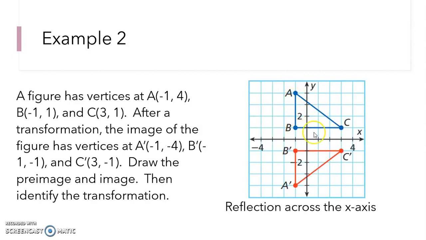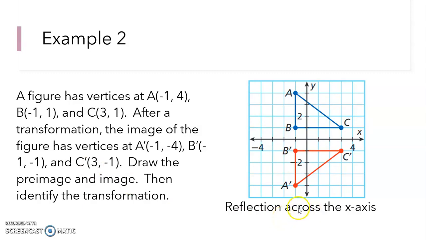So my blue shape is the pre-image, the original shape, represented by these points up here. My red shape is my image, the one that's after the transformation, represented by these points down here. So that's the first part of my question. I just had to graph it. Now the next part is to identify the transformation.